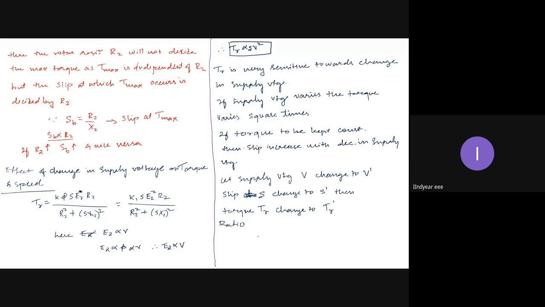Therefore, the ratio can be given as TR divided by TR dash is equal to S into V square divided by S dash into V dash square.